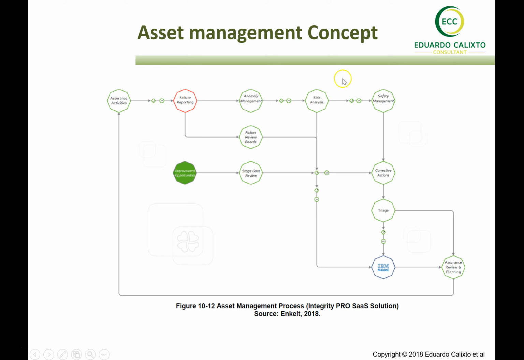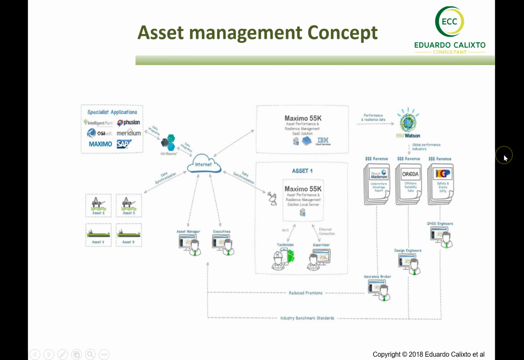As long as we input some information here and define such equipment as a safety critical element, it will be part of this Swiss cheese, and then we can check if the operational risk is non-tolerable on our layer of protection analysis diagram, and then we can manage that. Okay, so this is the asset management flow. That's a proposed flow by the solution that we have, called Integrity Pro. But usually that's the basic flow that we have in asset management.